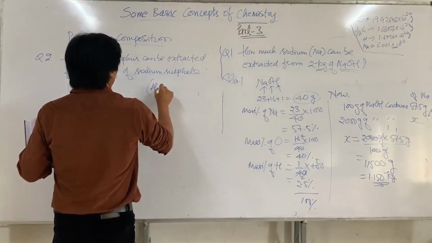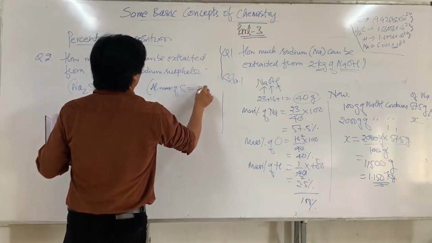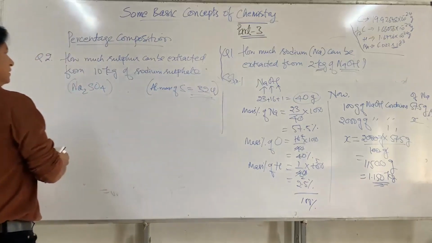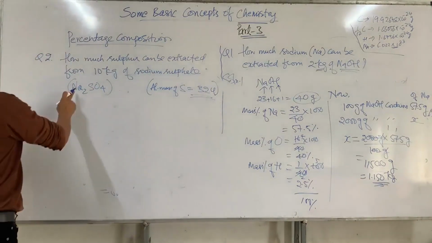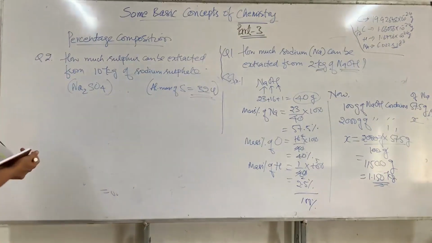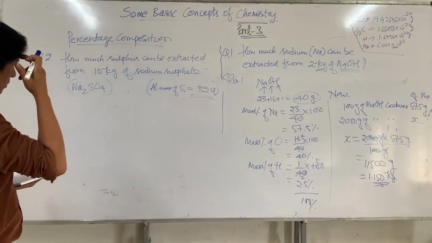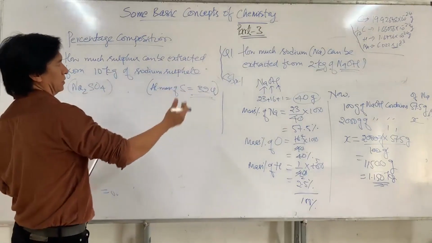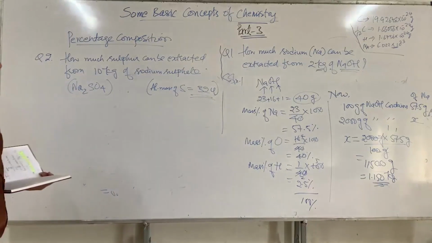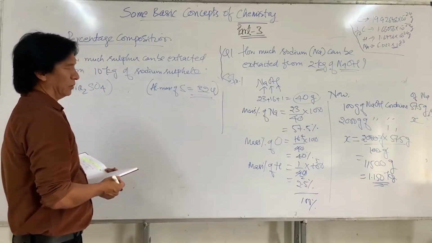And I should tell you that the atomic mass of sulfur is 32 unified mass, right? Or you can take it as 32 grams. For sodium, you know it's 23, and oxygen, each oxygen atom is 16. And this is how you will work out these problems on percentage composition, and the same thing can be done if you're given any other compound.